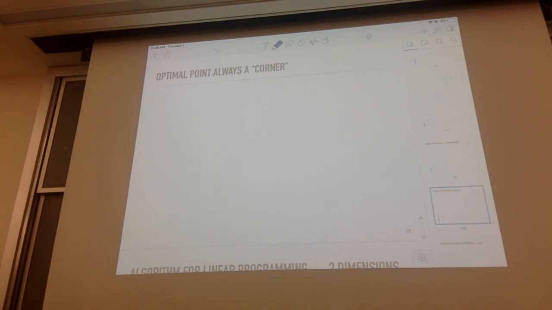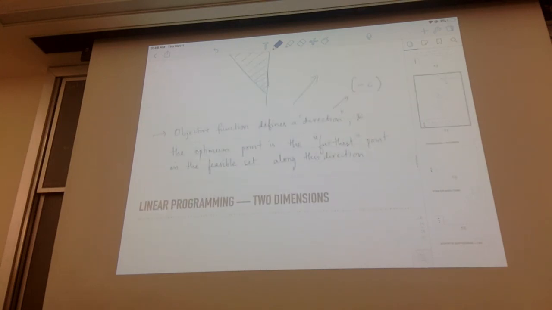Alright, so our observation from before is that you had a characterization of what the optimal point is.